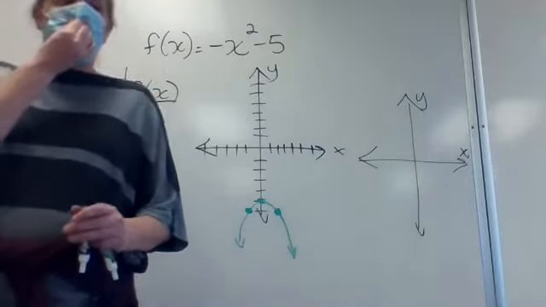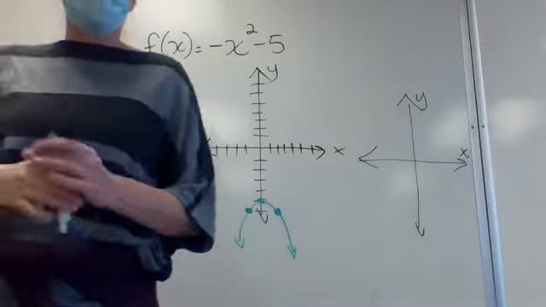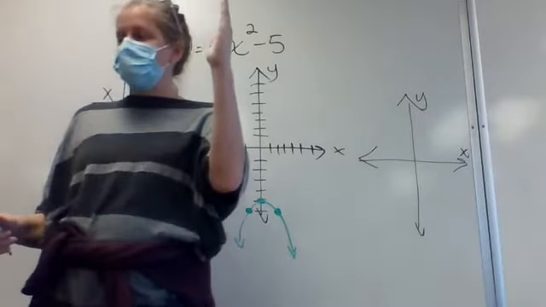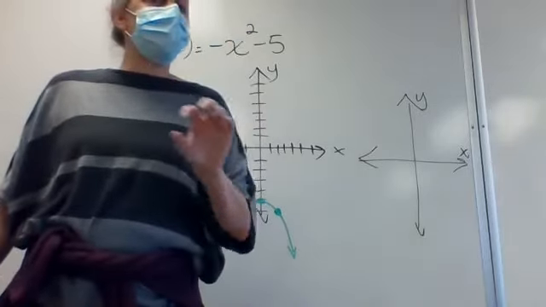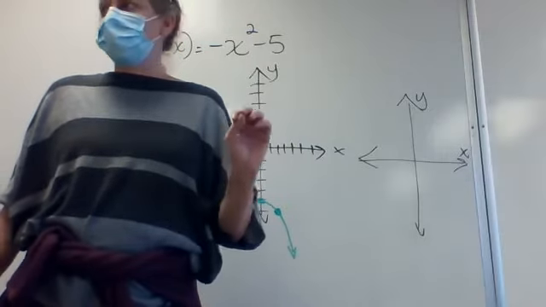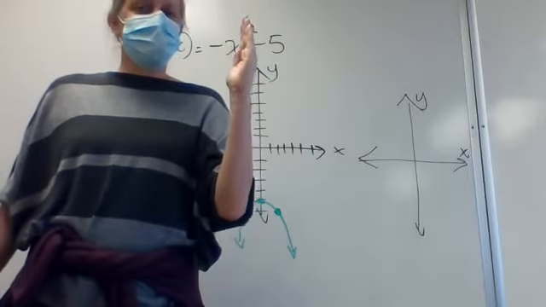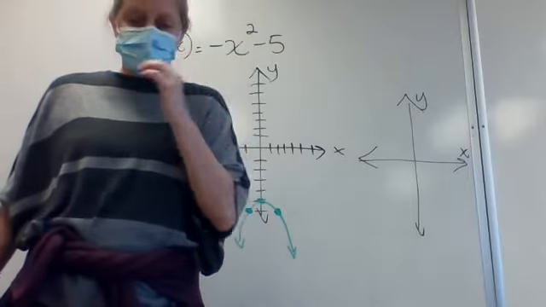And remember what the vertical line test says. If you can draw a vertical line, which is the one that goes straight up and down, and touch the graph more than once, it is not a function. Okay, so vertical line, more than once, not a function.